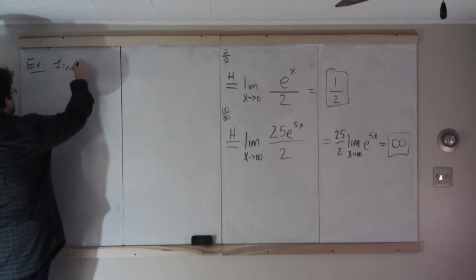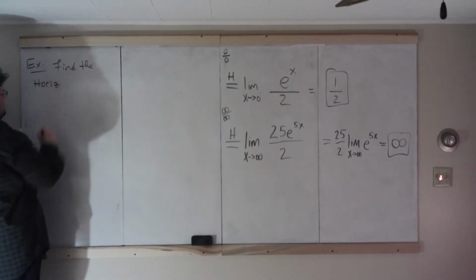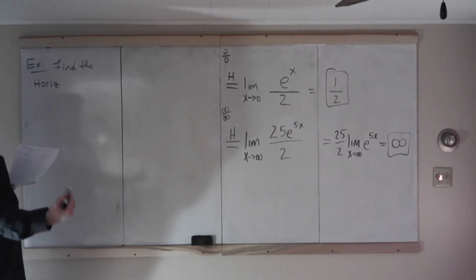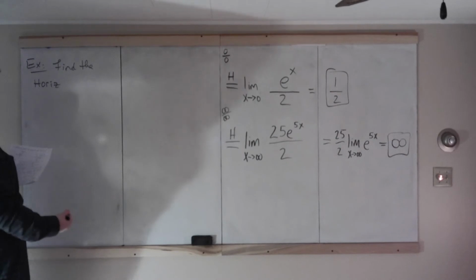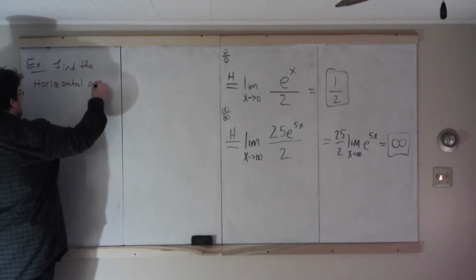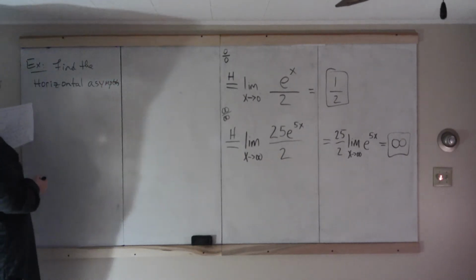Find the horizontal... Oh, I should have mentioned, the very first example we did, some of you may have noticed this, the very first example we did where we got 5/6, you could have done that with factoring. Find the horizontal asymptotes. Why not?